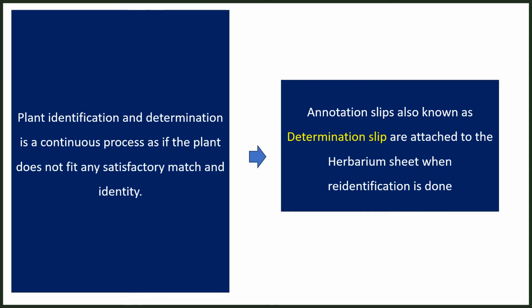Like I said, plant identification is not a single process. It's not that once you have identified a certain plant, changes cannot be made in future. If there is any confusion, or it is not satisfactory for a plant to have a certain name, if it does not fit any satisfactory match and identity at that point of time, and it has already been identified as a certain species, what the person can do is make all the necessary changes.